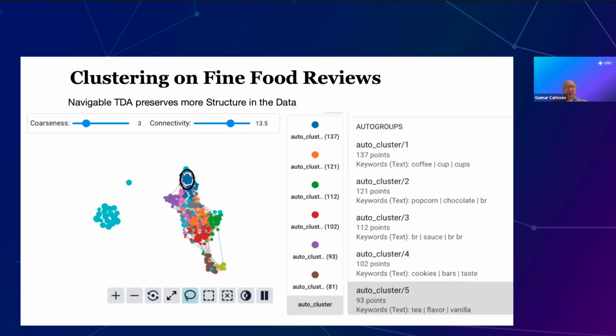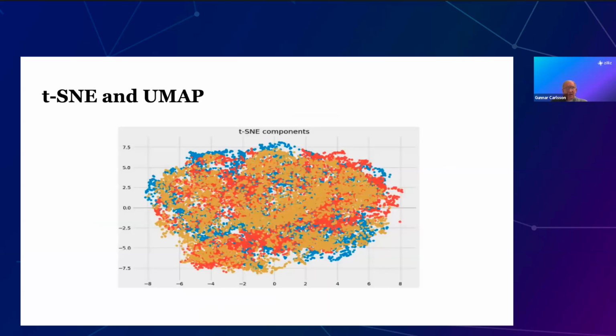You'll notice up there too that we've got coarseness and connectivity, which are two of our navigation parameters, which you can use with a slider bar methodology. And just to give you another sense, t-SNE and UMAP often produce what I would call hairball kind of output, where, as you can see here, the different groups are spread throughout the entire output.